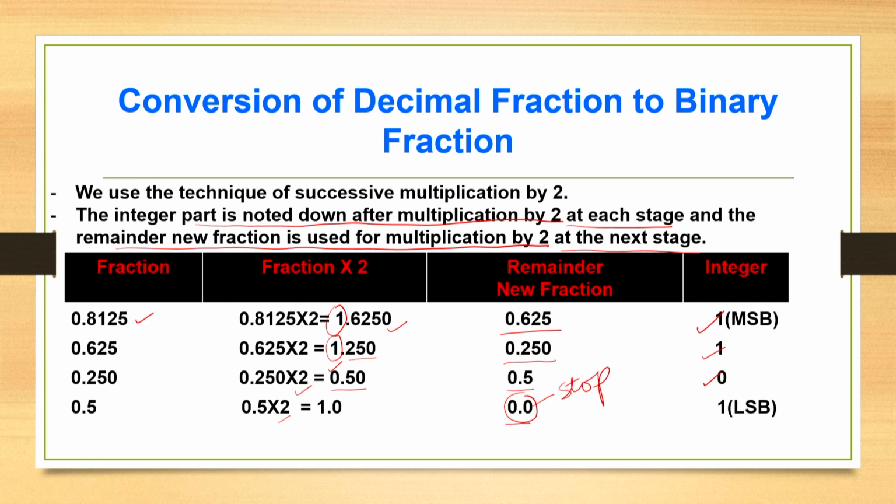No further multiplication is required. This one is getting stored over here. So, the binary representation of 0.8125 will be 0.1101. So, this is the method for the conversion of decimal fraction to binary fraction.